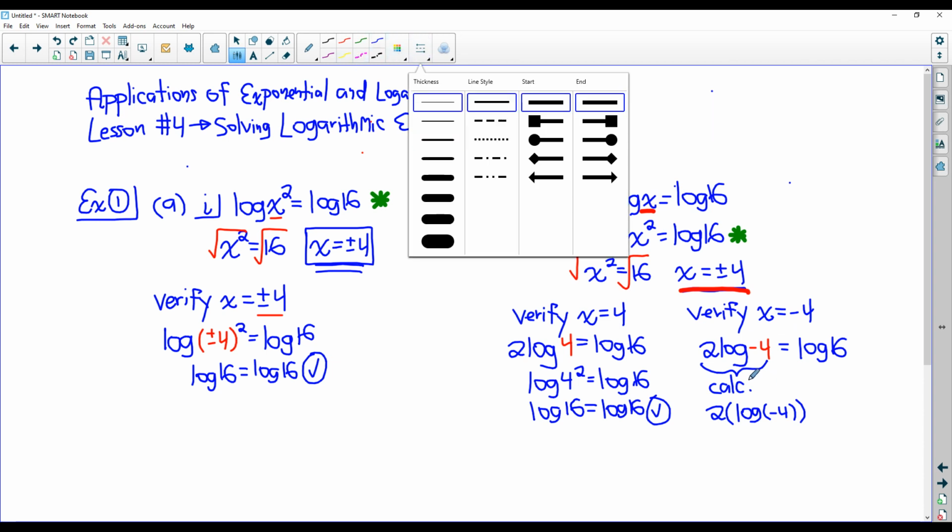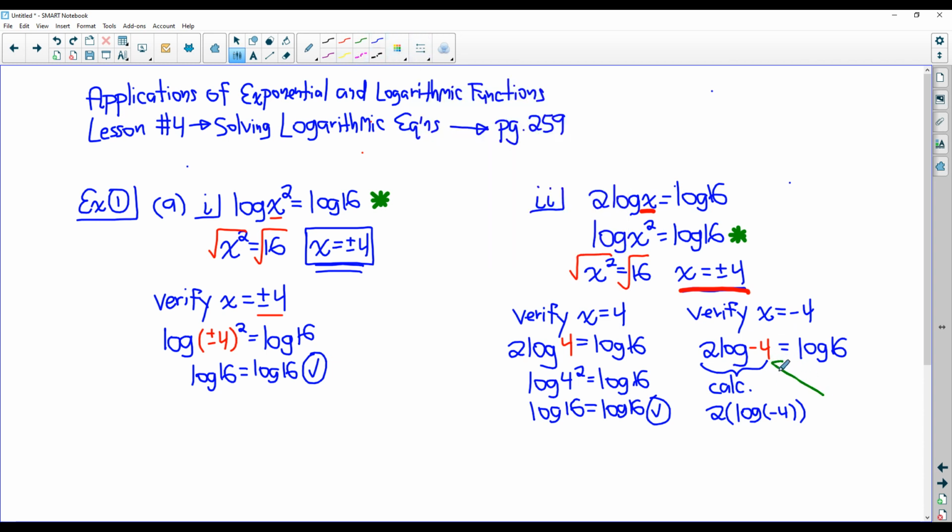So I'll just clarify this here. So we'll say cannot calculate negative argument.